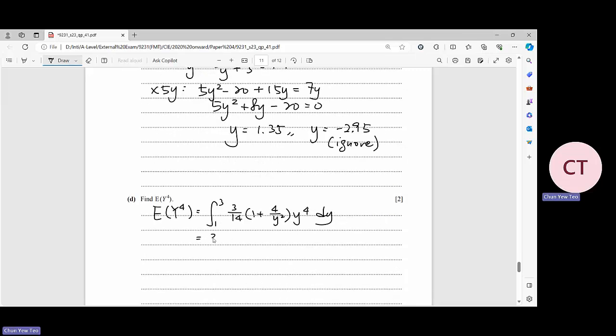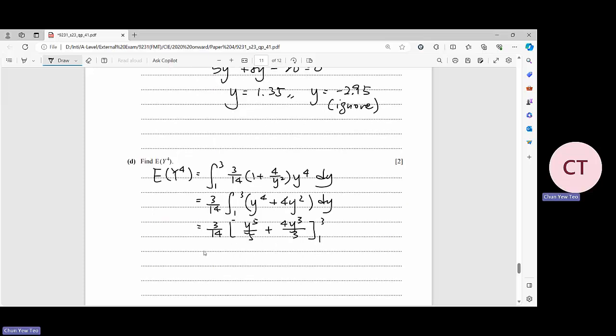I take the 3 over 14 out. Y power 4 plus 4y squared dy. So this one is y power 5 over 5 plus 4y cubed over 3 from 1 until 3.